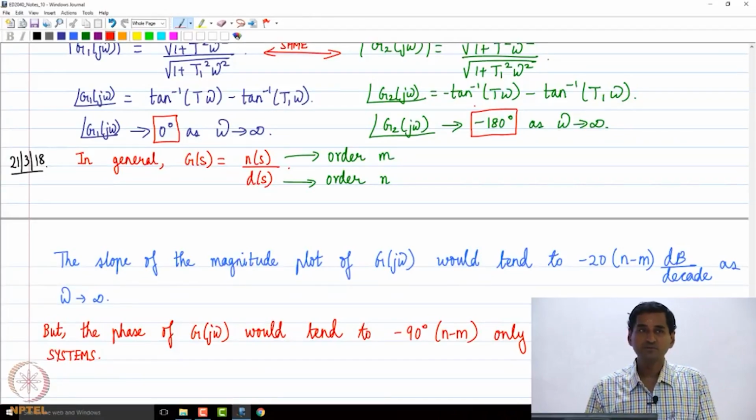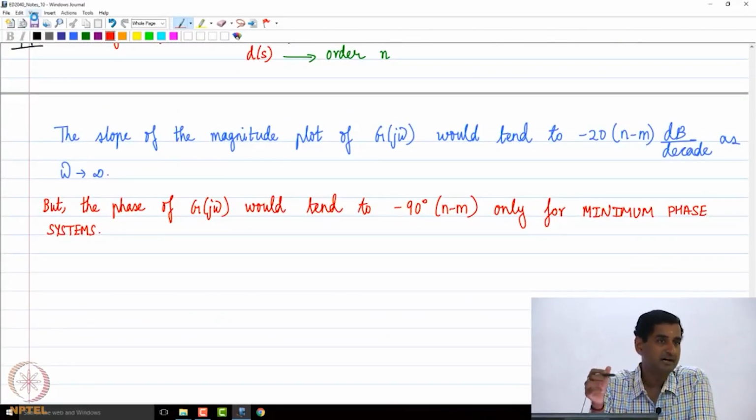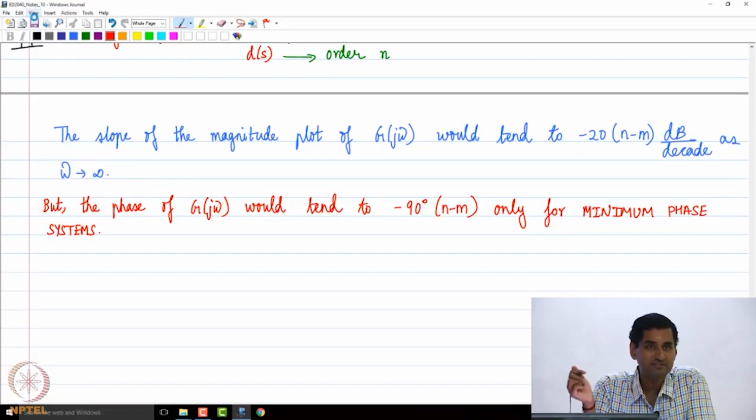This is something we will use later. If you conduct experiments and happen to get the magnitude plot and the phase plot, one could use this information to figure out the relative degree of the transfer function, because from the magnitude plot you look at the slope of the high frequency curve and you will get n minus m.